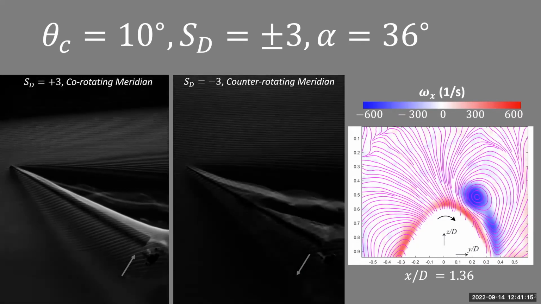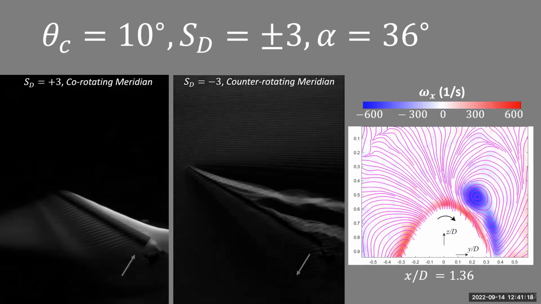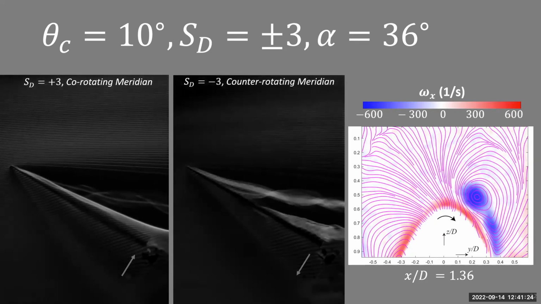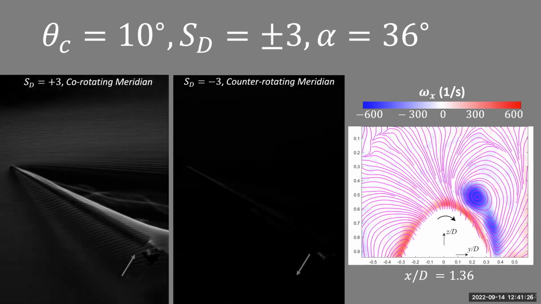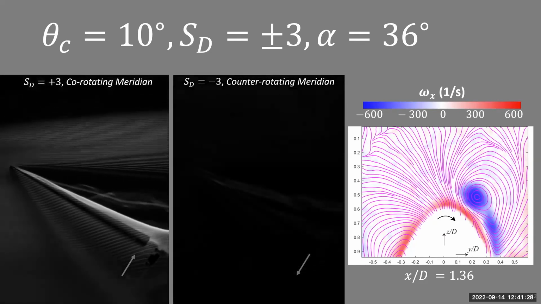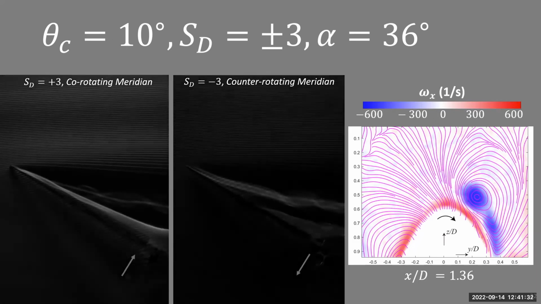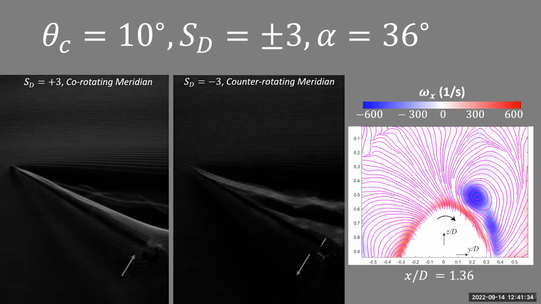Like we saw before in the counter-rotating meridian, we see this very strong vortex that gets separated from the leeward surface of the cone. But we also see a second set of helical patterns forming beneath it. It's a little hard to see exactly where this helical structure is forming.